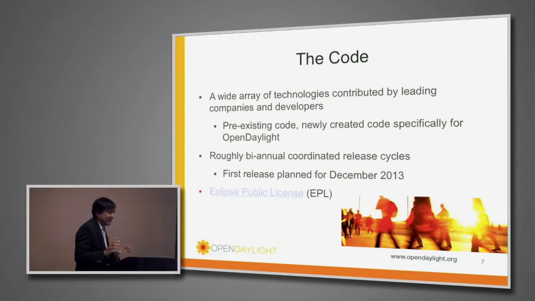You shouldn't hold us exactly to that, but generally that's our goal. December 2013 is the first release, codenamed Hydrogen. We will release all code from OpenDaylight under the Eclipse Public License (EPL), which is a well understood, well used open source license.